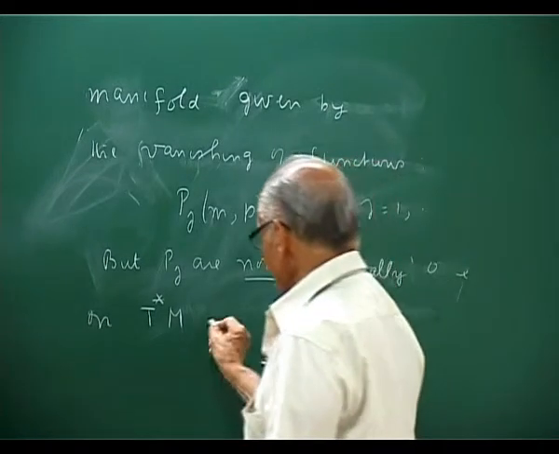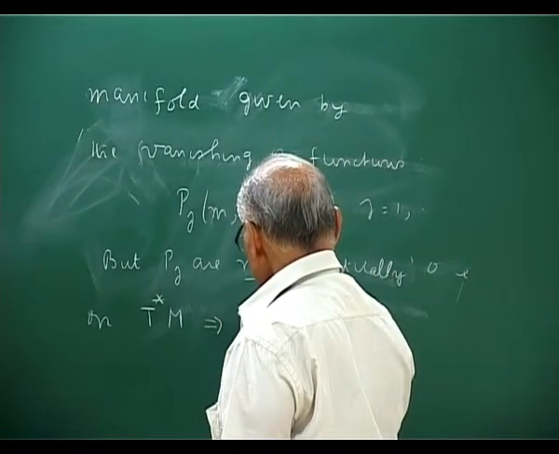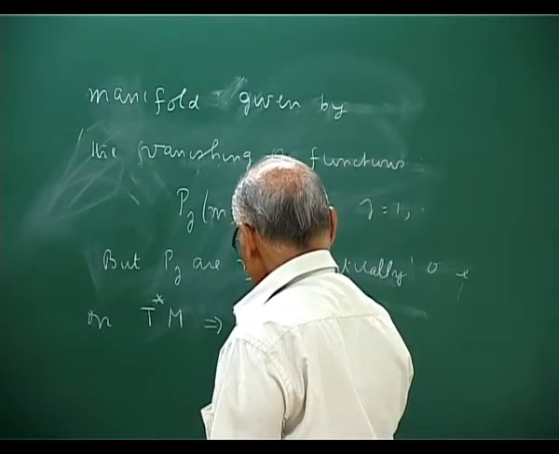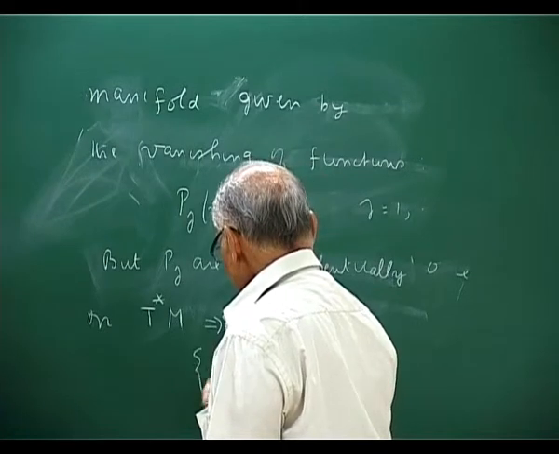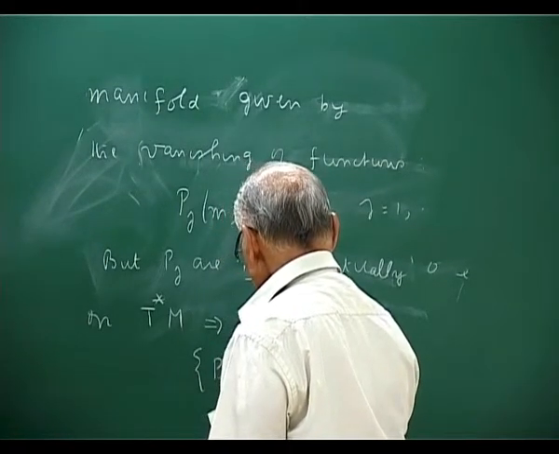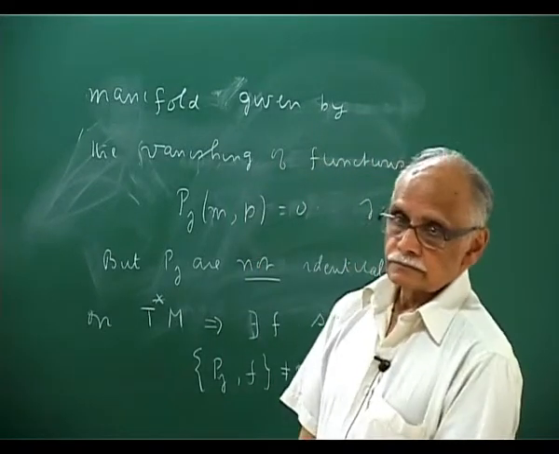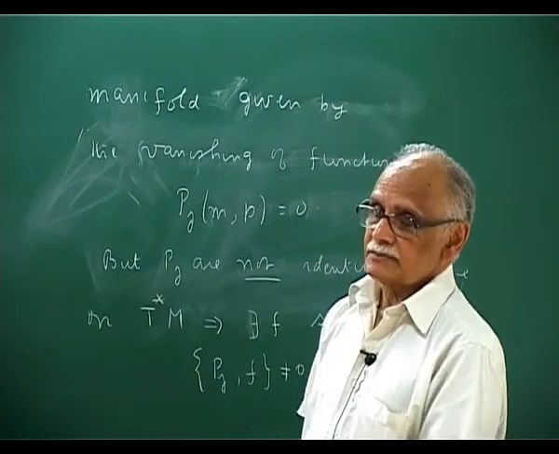So this implies there exists f such that the Poisson bracket of Pj with f is not 0. Pj can create canonical transformations.